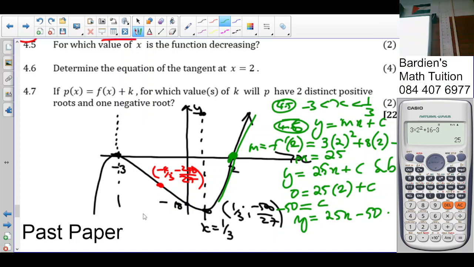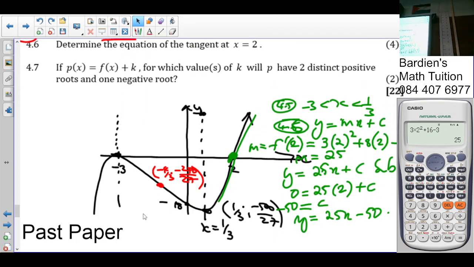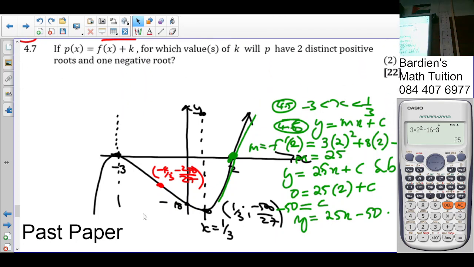Another question pertaining to this could be: determine the value of x for which the tangent cuts the graph again.